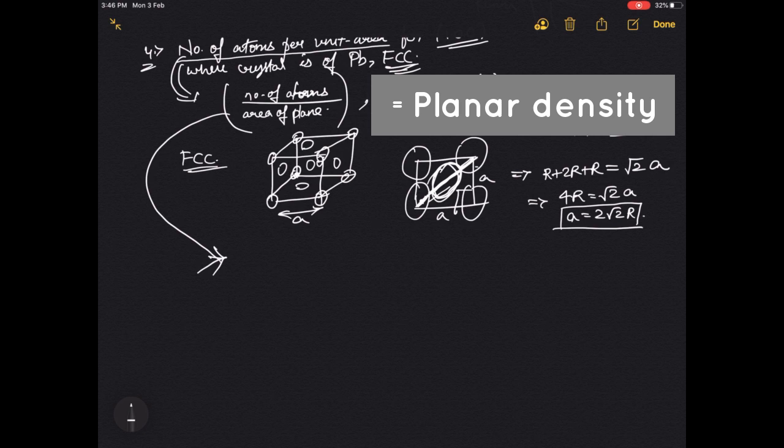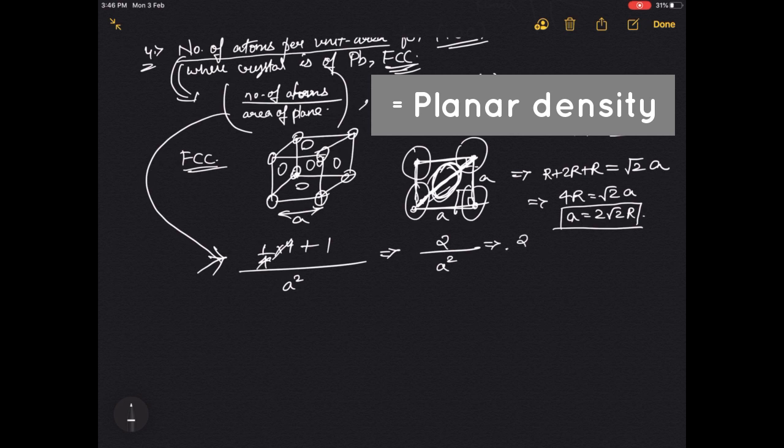And if you see what is the number of atoms here, at the corners you have 4 atoms and each is contributing 90 degrees or 1/4 of a sphere, right? So 4 into 1 by 4 plus 1 complete atom is present in this, divided by the area of this. So this plane, I am considering it as a cube. Obviously it's an FCC, so its area will be a square. So here 4 will be cancelled, so 1 plus 1 will be 2 atoms divided by A square.